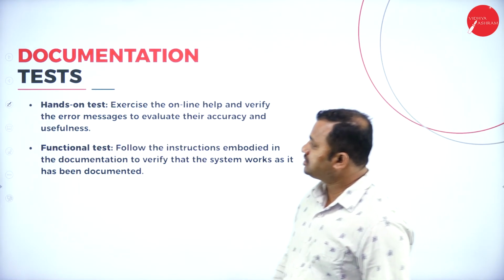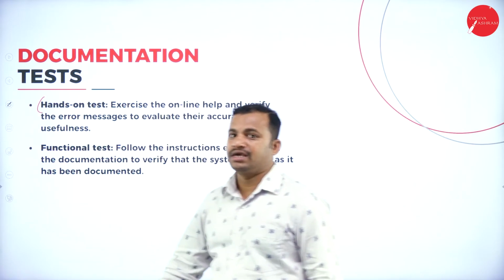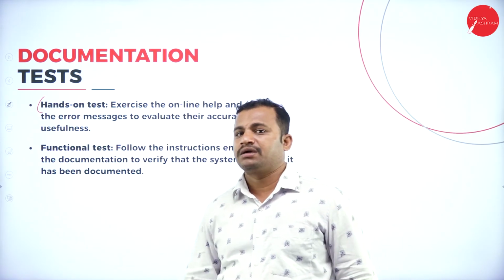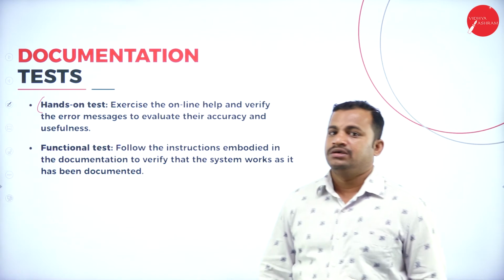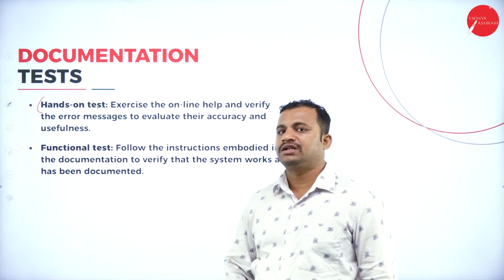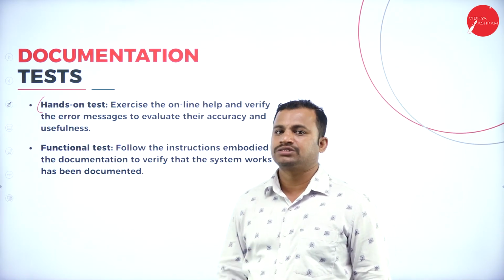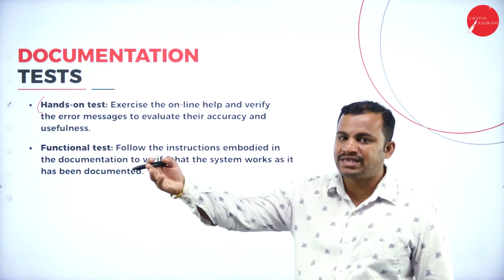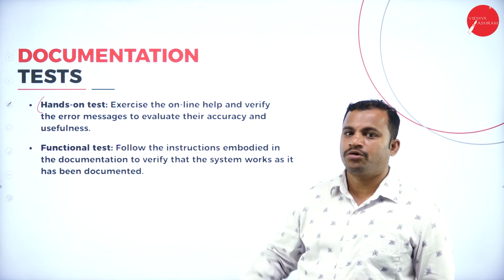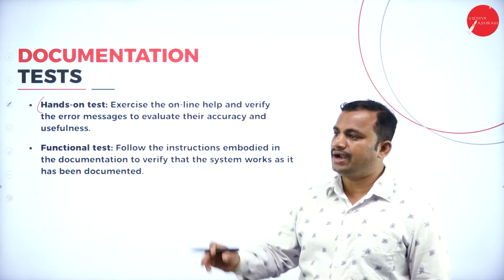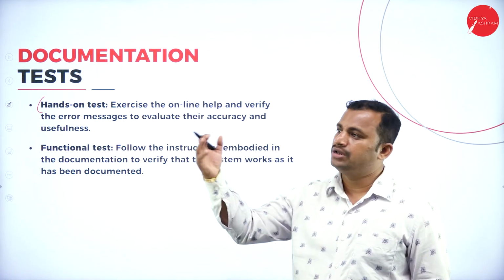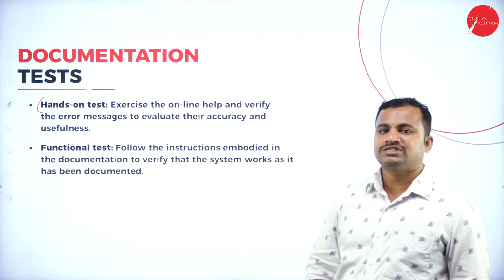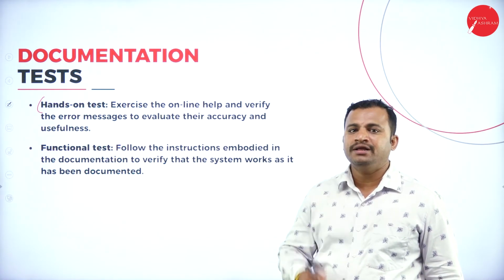Then the hands-on test, that means the practical experience. Let me take up an example. Suppose a mistake occurs while executing the software product. Then the user has to be given certain examples: for this problem, this is the solution. After going through the solution, he can recover the system and get uninterrupted services.